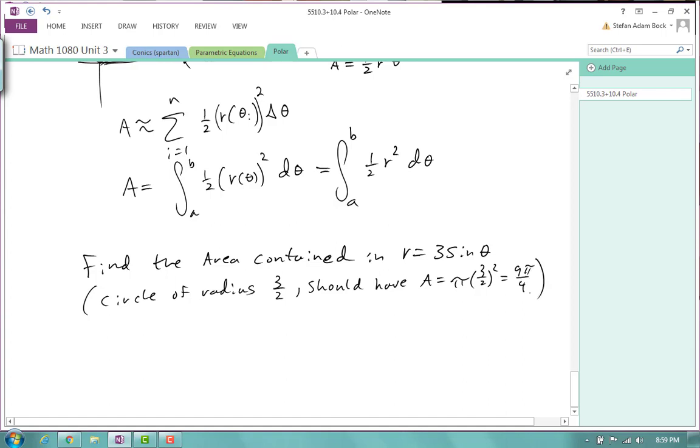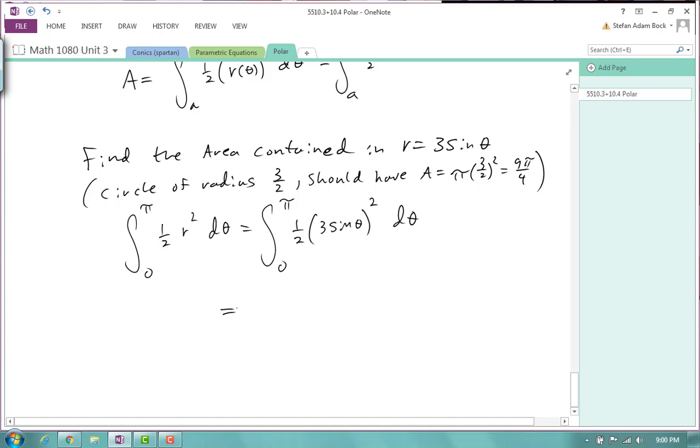So we'll see if I get that by doing this integral. Now I said that the full curve was traced out for that problem from 0 to pi. So I'm going to do a full integral from 0 to pi of 1/2 r squared d theta, which is equal to the integral from 0 to pi of 1/2 times 3 sine of theta, squared, d theta.